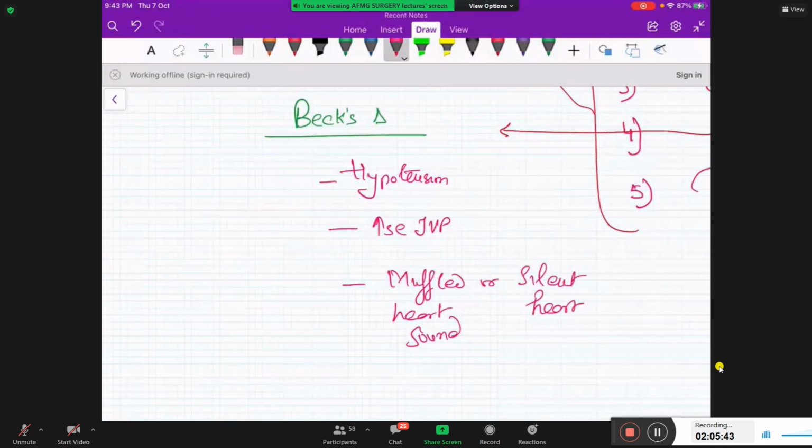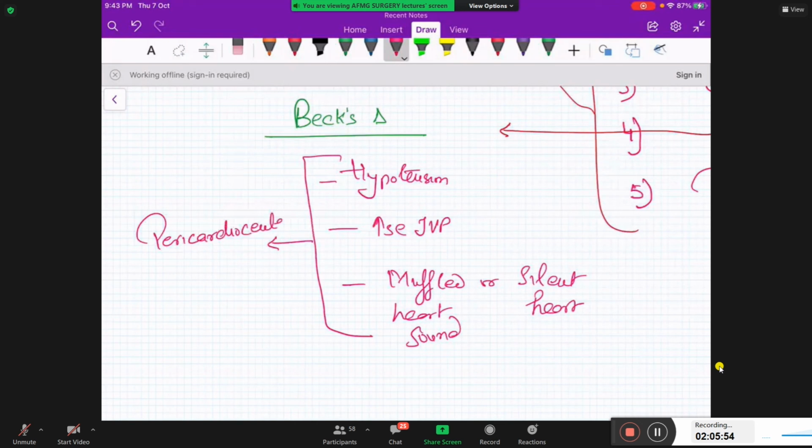If this is there, the immediate next step is pericardiocentesis. What is pericardiocentesis? Aspirating blood from the pericardium. To aspirate blood from the pericardium, where will you put a needle?